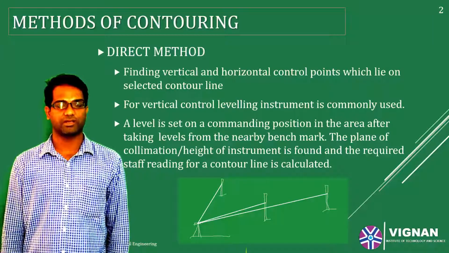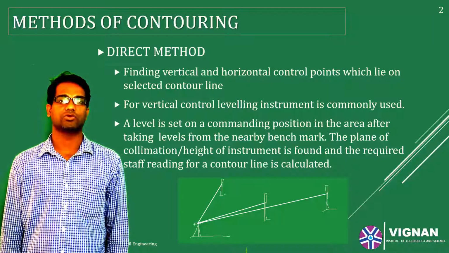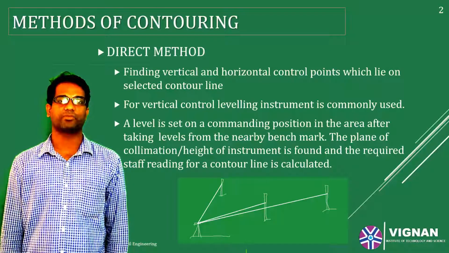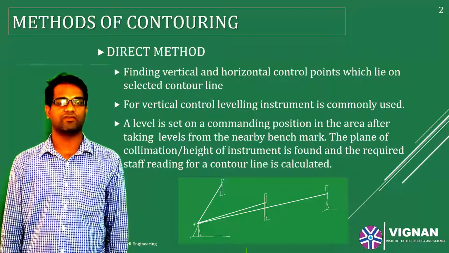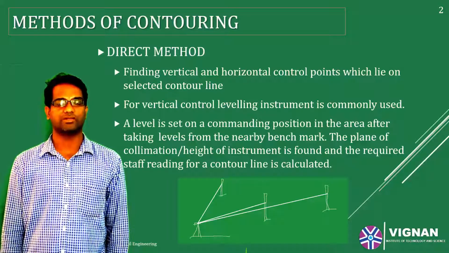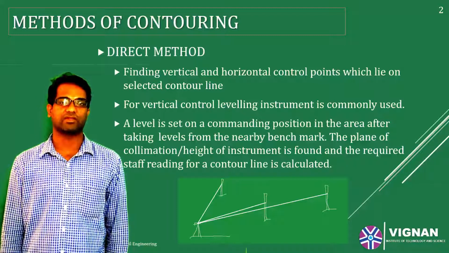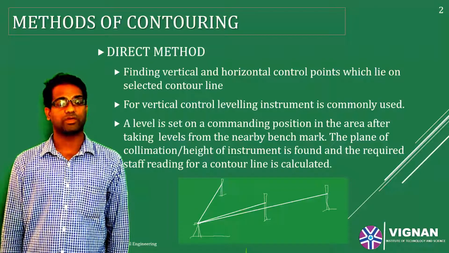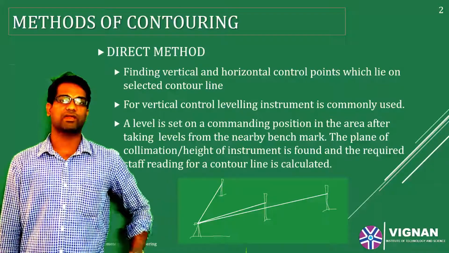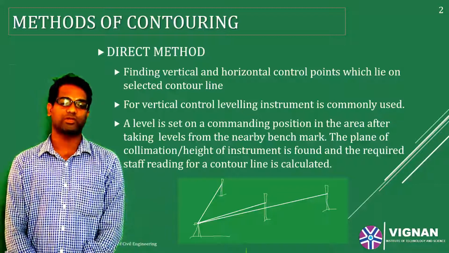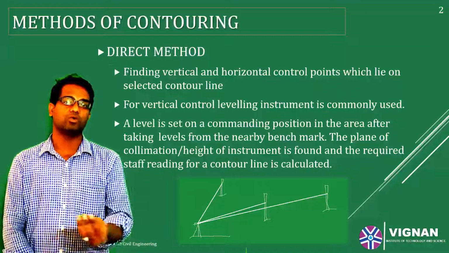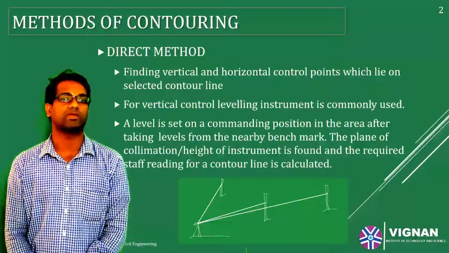It is preferably done using plane table surveying, where a surveyor has a plane table, with which you can directly draw the layout on the field. In the indirect method, you need to remember the basic idea of how you get a reduced level from a given land.